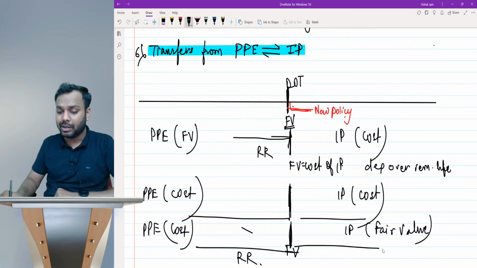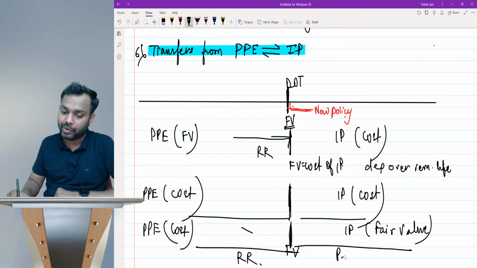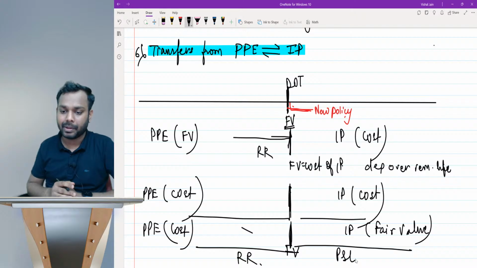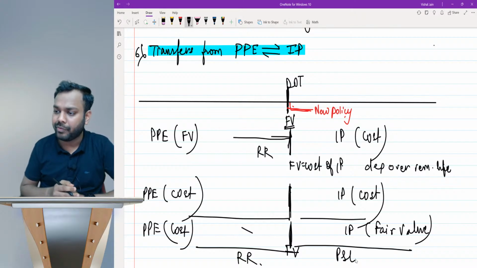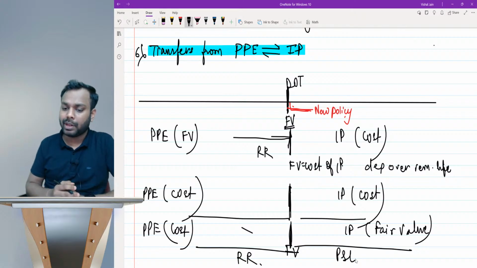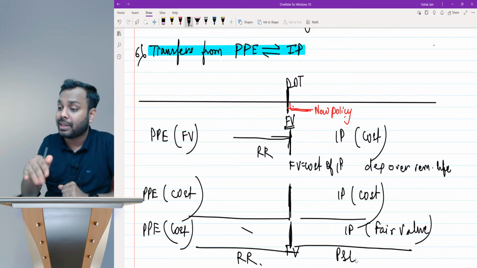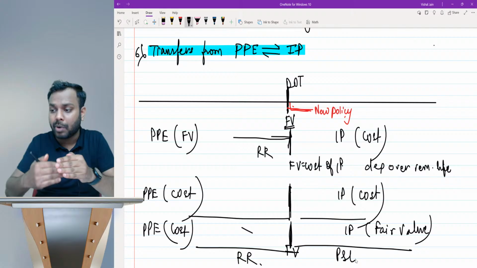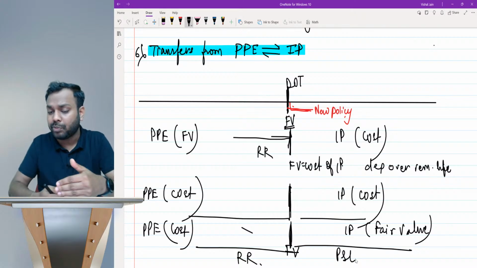And from here the fair value gain or loss will be transferred to P&L. So there is no depreciation in IP. Why no depreciation? In cost model there will be depreciation, right? In fair value model of investment property there is no depreciation, but in cost model of investment property there is a depreciation.